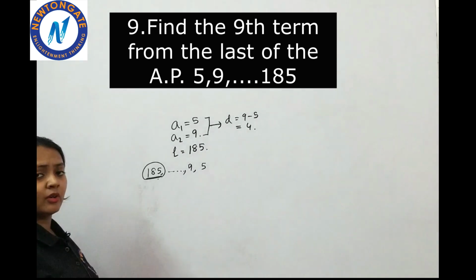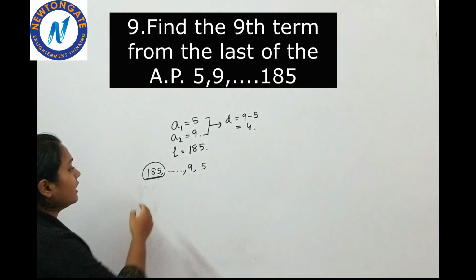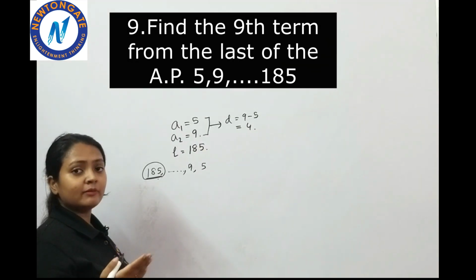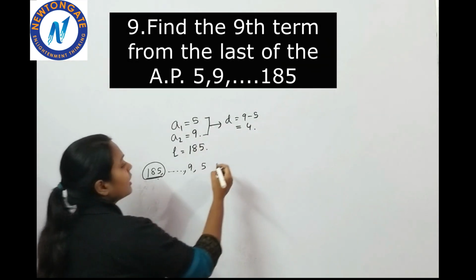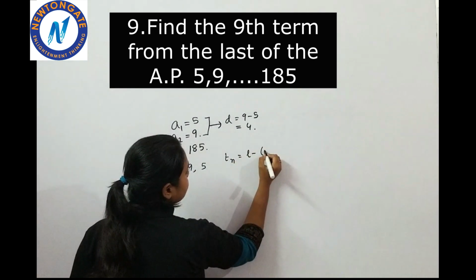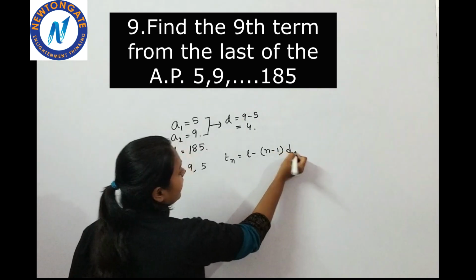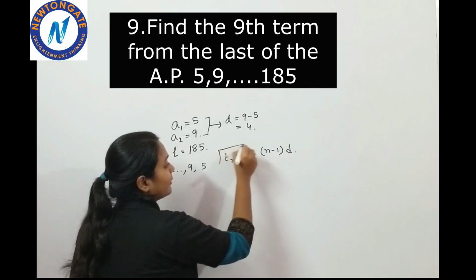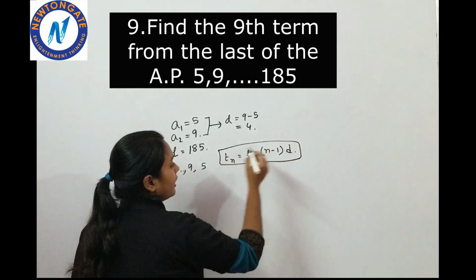Here we use the formula. Here you see that the sequence is decreasing. Right? We calculate the term from the last. We use Tn equals L minus (n minus 1) into D. Please note down this formula also. This is a very important formula. Okay.